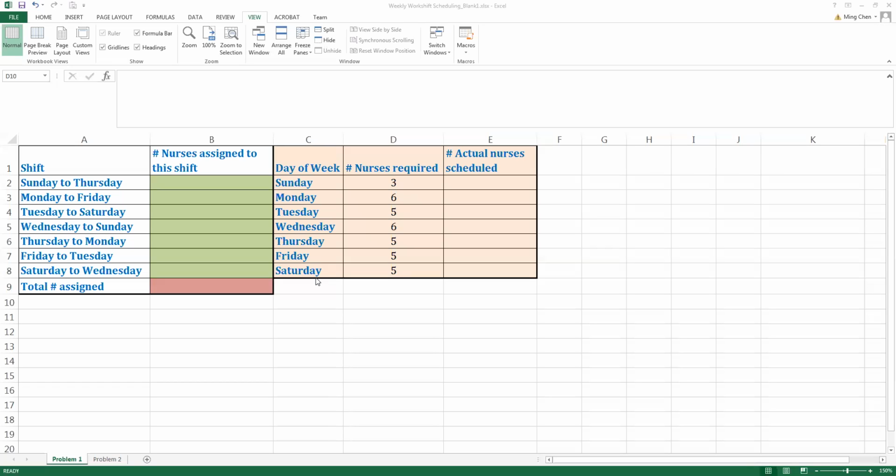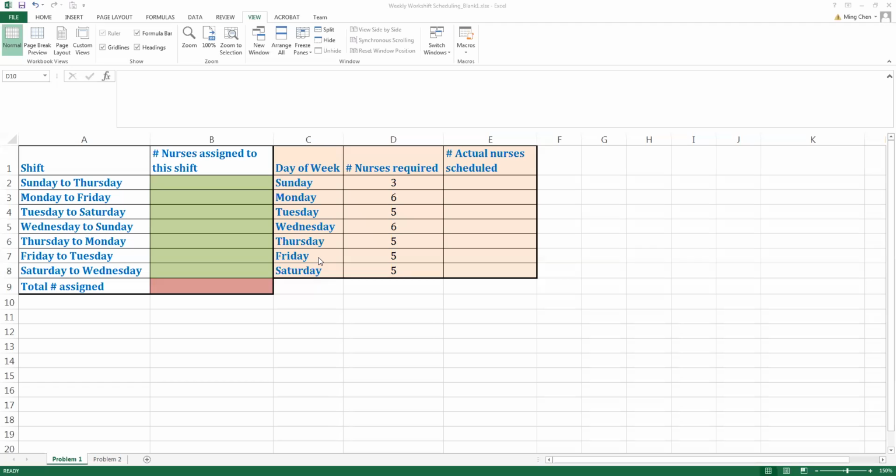But please be careful. When we determine a staff scheduling problem, we're talking about full-time employment. So you cannot hire somebody to work for 1 day only or 2 days only. We're talking about full-time. So whoever we hire, this person is going to work 5 days a week.